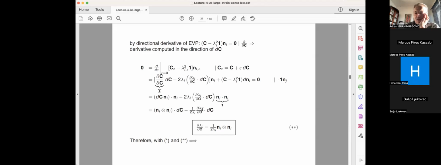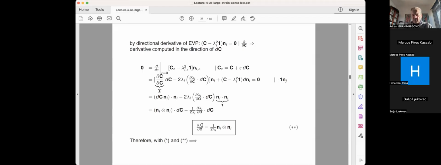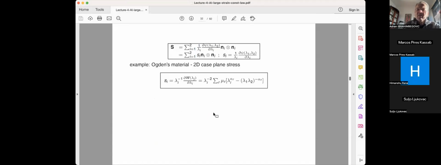That's the way you can write it as well. And here you compare this against 2 lambda d lambda dC dot dC. So basically, by comparing these terms that have to be equal to 0, I can conclude that my d lambda I with respect to dC is equal to 1 over 2 lambda I N I tensor N I. And then I can use this in my computation to obtain the spectral decomposition of the second Piola-Kirchhoff stress with the principal values of this stress that I compute directly from the potential.